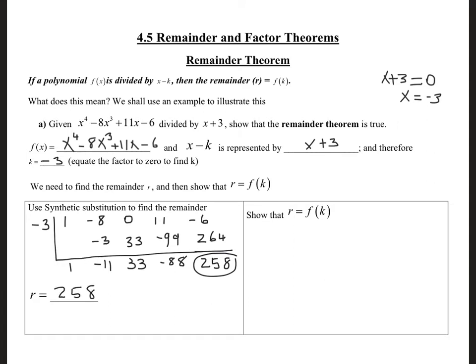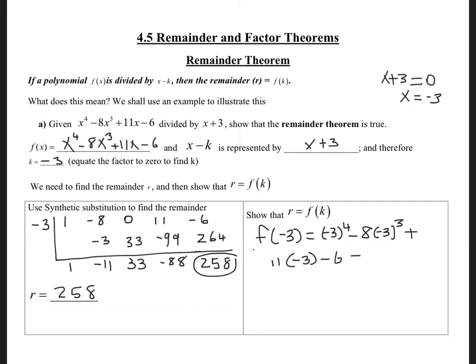And here I can also use direct substitution. Remember, it says the remainder is the same as plugging in k. We can use synthetic or direct substitution. So here I can do f of negative 3, which is equal to negative 3 raised to the power 4 minus 8 times negative 3 raised to the power 3 plus 11 multiplied by negative 3, and then minus 6.